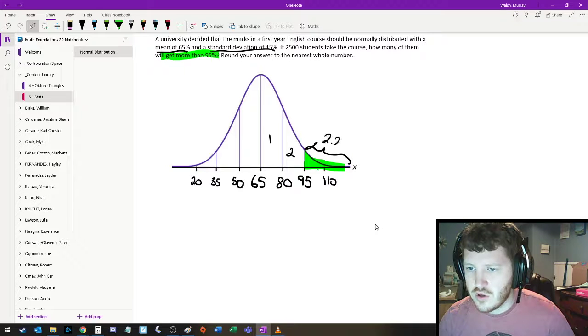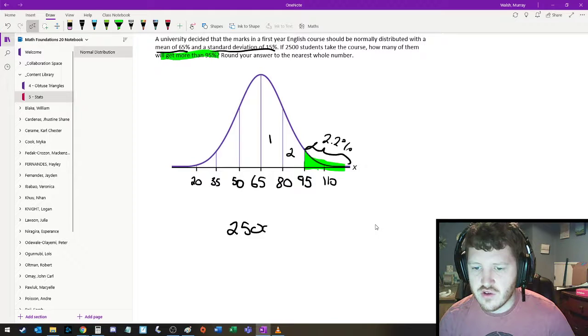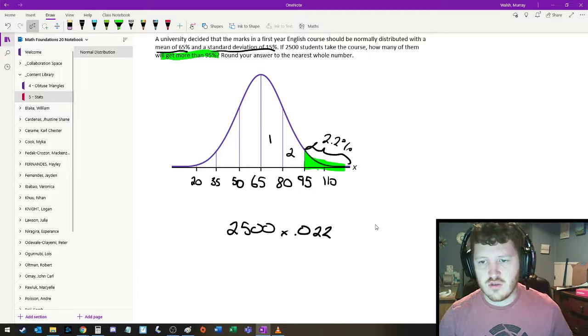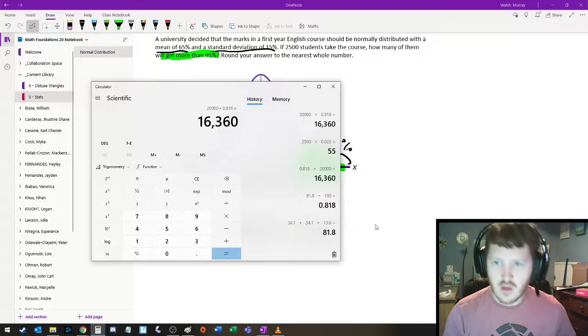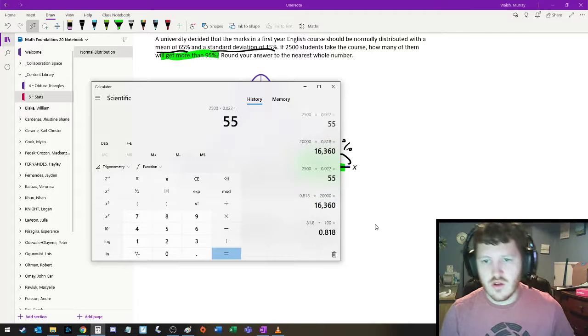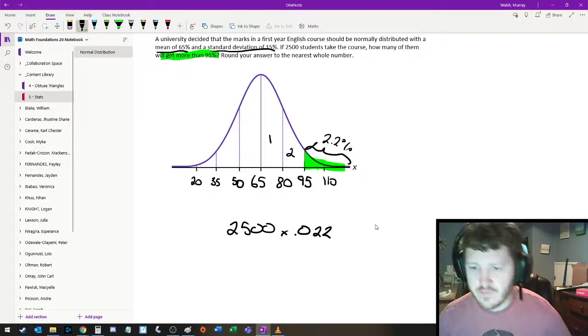is 2.2%. So of our 2,500 students, we want to multiply it by 2.2%. Careful not to do 0.22. We don't want 22%. We want 2.2%. And this comes out to be, what was it, 2,500 times 0.022, 55 students.